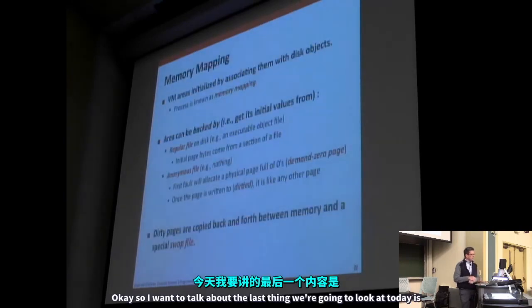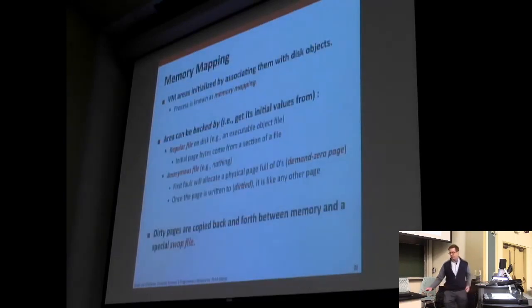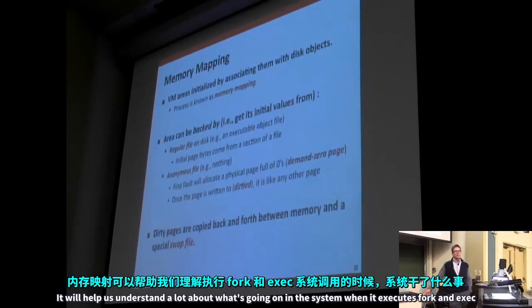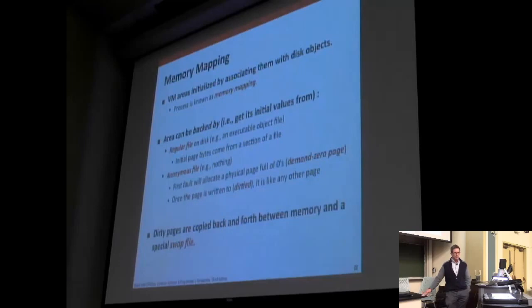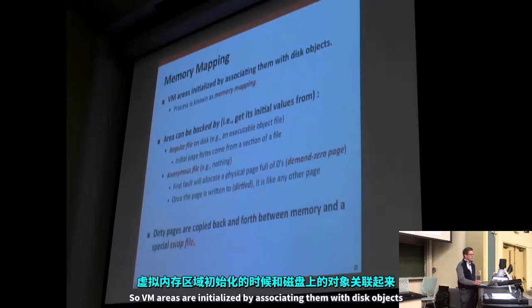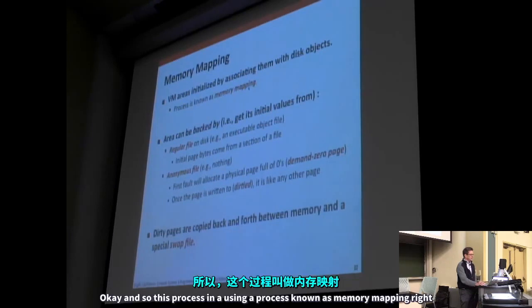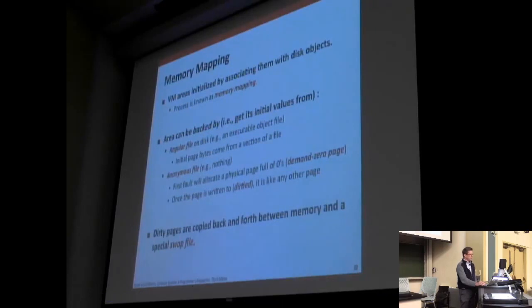Okay, the last thing we're going to look at today is this interesting idea called memory mapping, and it will help us understand a lot about what's going on in the system when it executes fork and exec. VM areas are initialized by associating them with disk objects, using a process known as memory mapping.